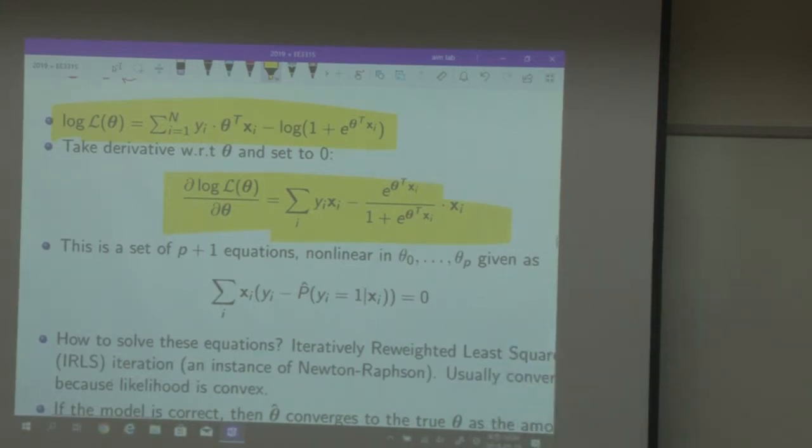So I want my theta to satisfy this. The thetas are all in here.